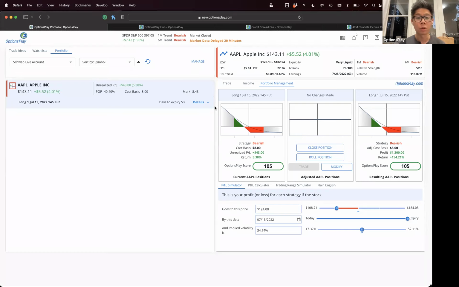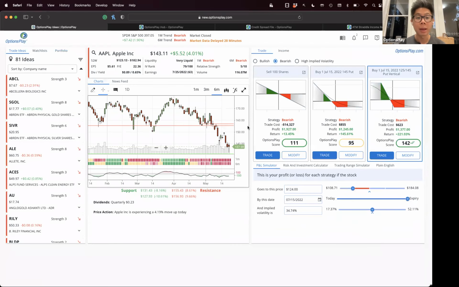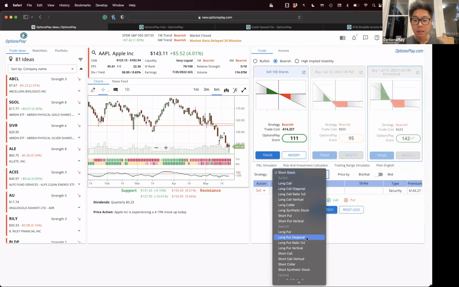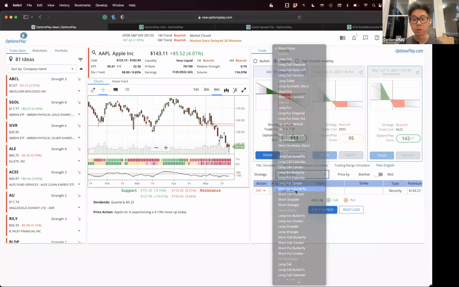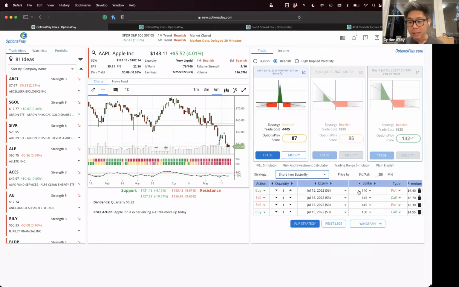But as part of that, one of the great features is that you can now paper trade very easily. So if you're brand new to a strategy, if you want to test out a specific strategy, let's say you've never traded a call ratio before, if you've never traded an iron butterfly before, what you can do is set one up and test it out.